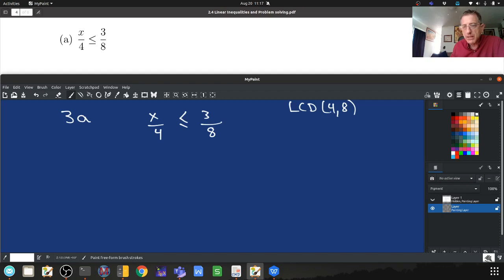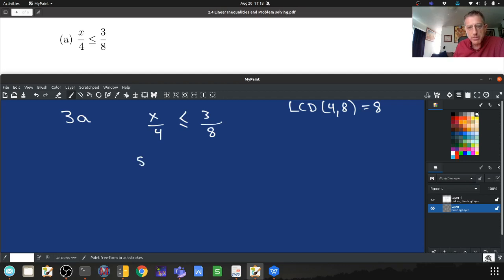The least common denominator of two numbers is always greater than or equal to the larger of the two numbers. And it's equal to the larger of the two numbers when the smaller of the two numbers evenly divides the larger. 4 evenly divides 8 because 8 divided by 4 is 2, which is a whole number. So the LCD is 8.